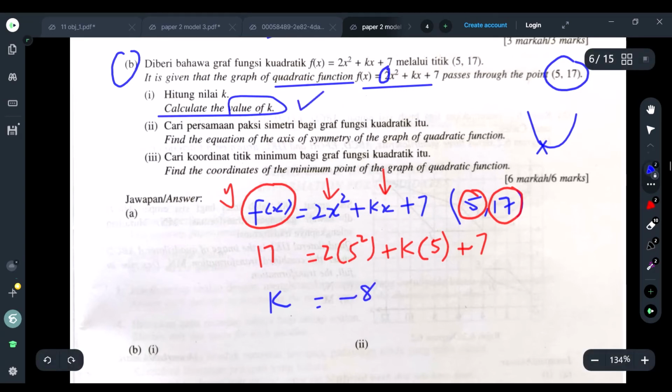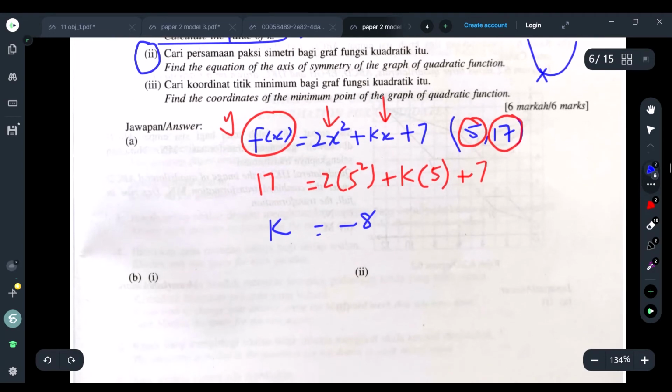For number 2, you have to find the axis of symmetry. If this is your graph, the axis of symmetry is the one line here.